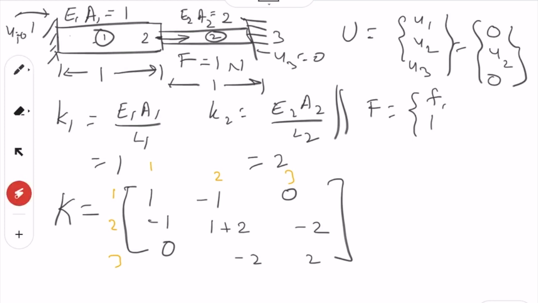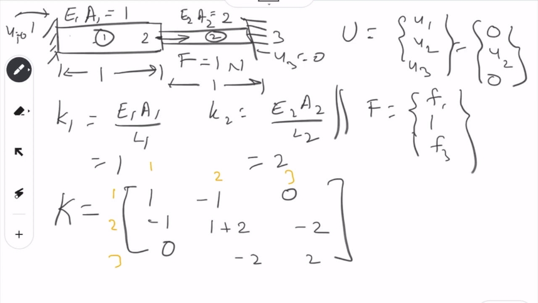And then here again we don't know because this is fixed, U is given, hence we don't know F, so here we write F3. So this is what the equation is.